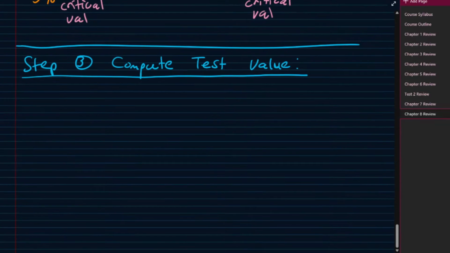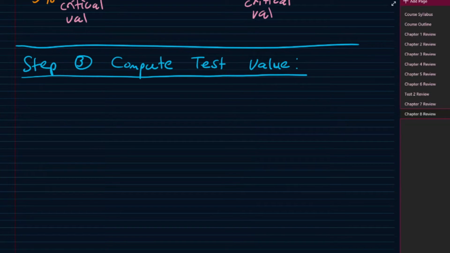That's what the test value does. The test value brings all of the data together, and that's what we compare to the critical range. We'll see if the test value of the experiment is in the critical range. If it is, we essentially reject.